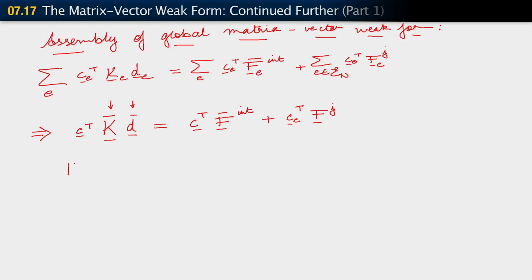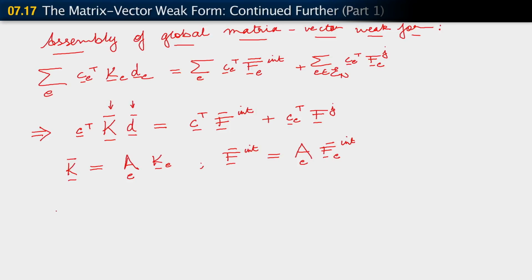K bar is defined then through this sort of abstract representation of the assembly over all the elements of the individual element stiffness matrices, right? And likewise, F bar internal is the assembly over elements of F bar internal over each element E.